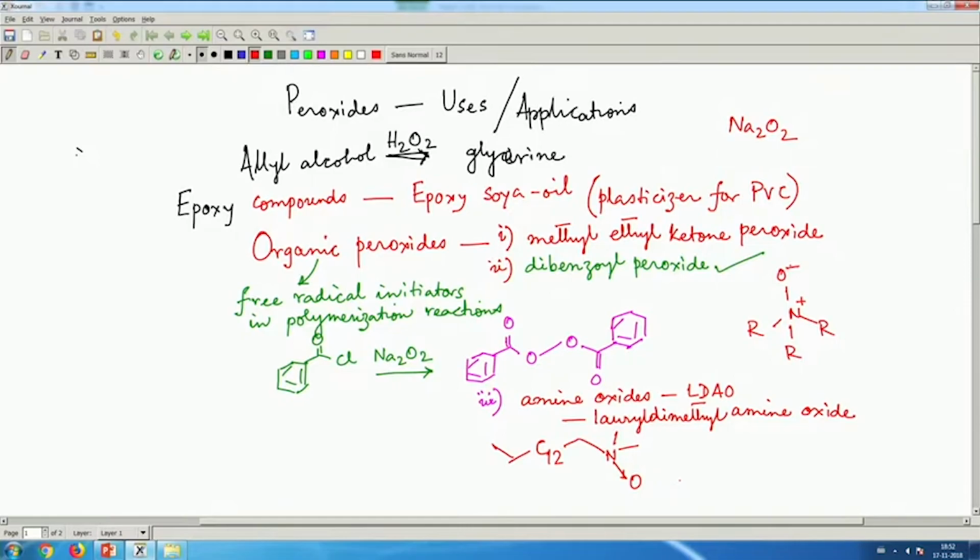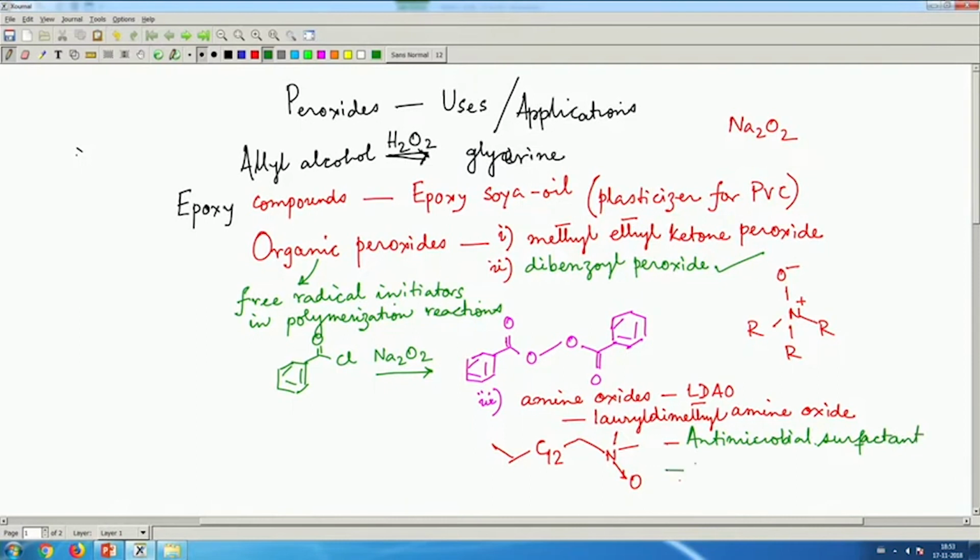This has a very useful application, because these amine oxides are antimicrobial surfactants. Where do we use them?